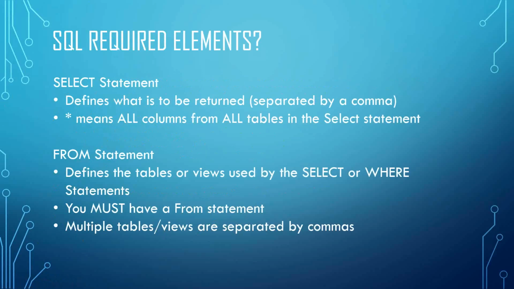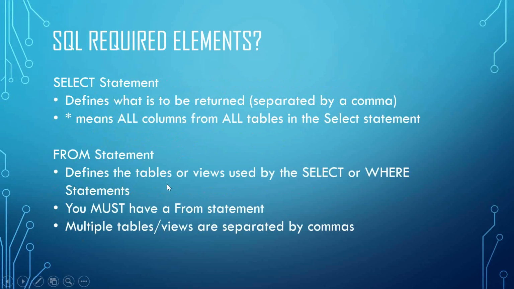SQL required elements. Within a SQL statement, there are two required clauses, the select and the from. The select defines what is to be returned, separated by commas. The asterisk means all columns from all tables in the select statement.